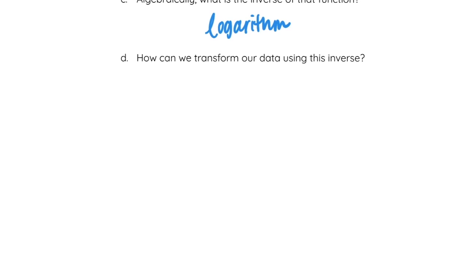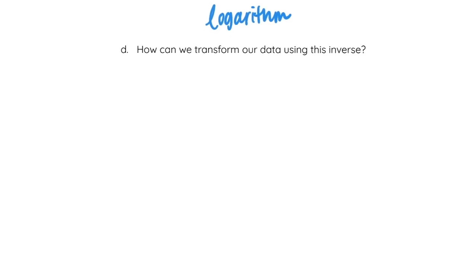And so here we go. This is like kind of the beginning of the new stuff. How do we transform our data? How do we transform an exponential function? We are going to log both sides. The logarithm is the inverse of the exponential, and so it undoes the exponential function.